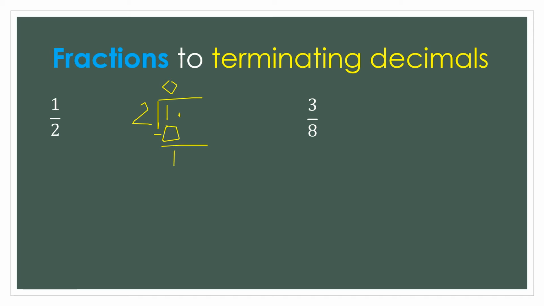Then we add decimal point and 0. Bring down 0. 10 divided by 2 is 5. 5 times 2 is 10. You subtract 10 minus 10 is 0. Therefore, 1/2 is equal to 0.5 or 5/10.